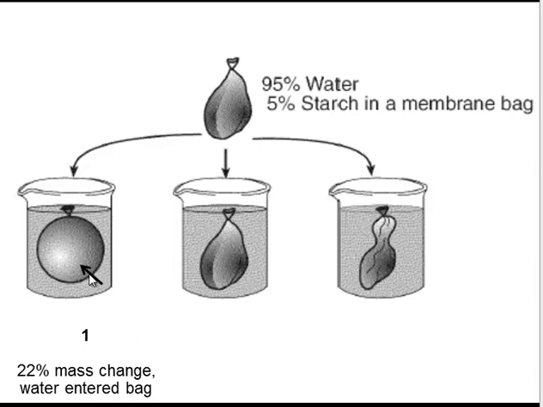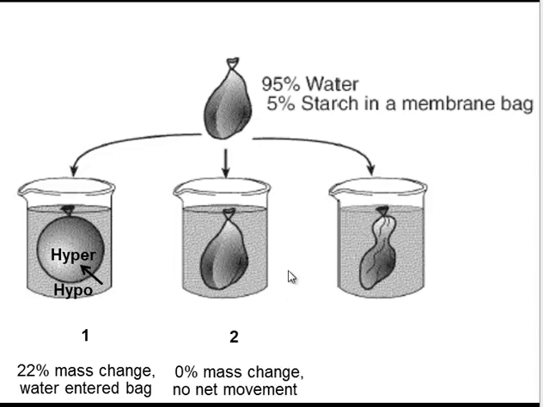Since water entered the bag, we could infer that the solution it was placed in is hypotonic, having more water, whereas the solution inside the bag was hypertonic, having less water, and so water moved in by osmosis to balance things out.